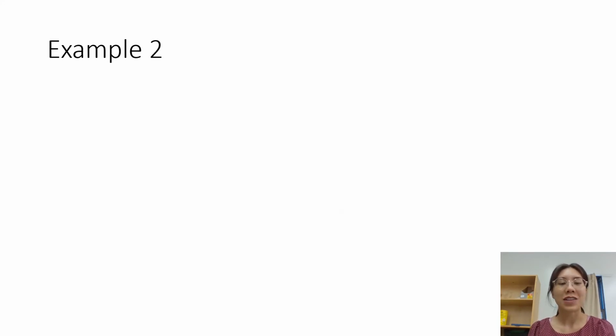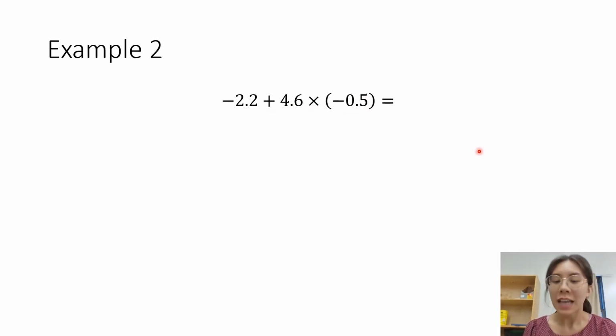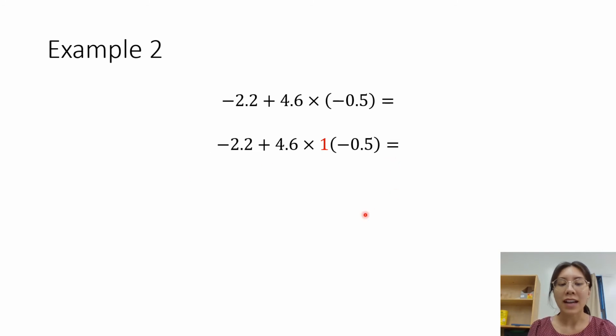Let's try another example. In this example, I have negative 2.2 plus 4.6 multiplied by negative 0.5. Knowing our order of operations, we're going to start with brackets. When we have brackets, it's like saying there's actually an invisible 1 in front of this bracket, and 1 times anything is just itself.